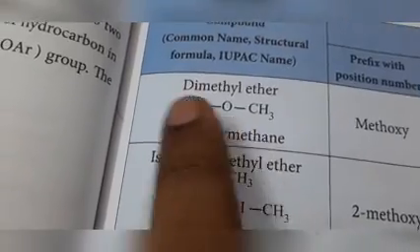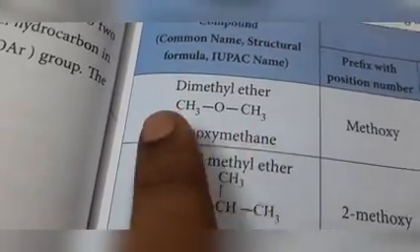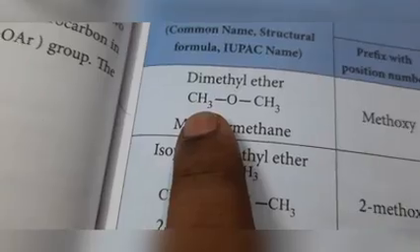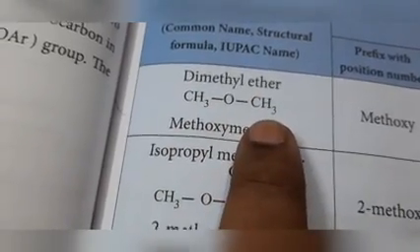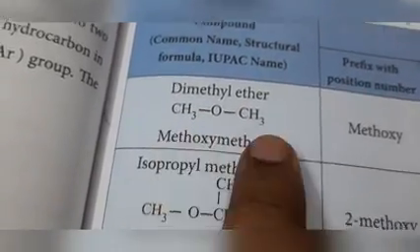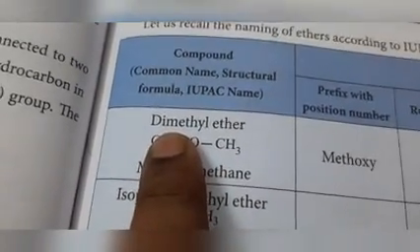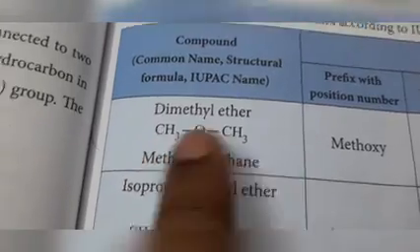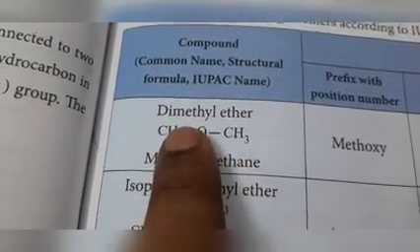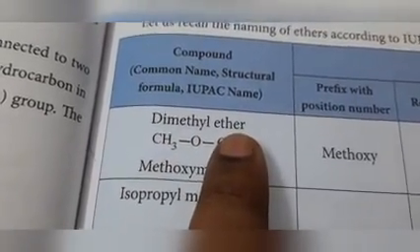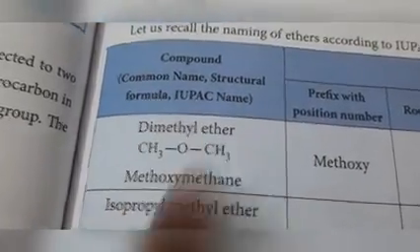Here oxygen is attached with two alkyl groups. The name of this alkyl group is methyl, and the name of this alkyl group is also methyl. Two methyl groups are present, so dimethyl. Di means two. The functional group is ether, so dimethyl ether.